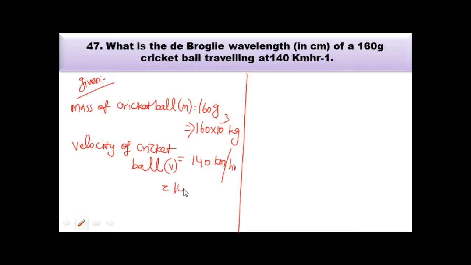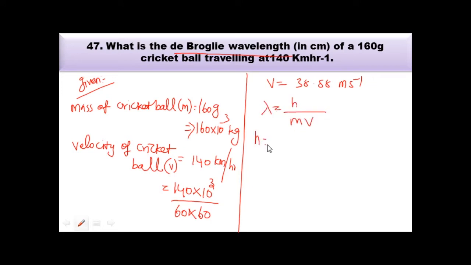So 140 multiplied with 1000, this is kilometer converted into meter, divided by 60 multiplied with 60, hour converted into seconds. So the velocity V equal to 38.88 meter second inverse. So what is the question? The de Broglie wavelength. So the formula, lambda equal to h by m into v.